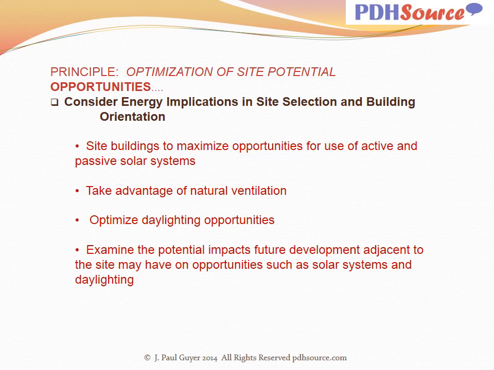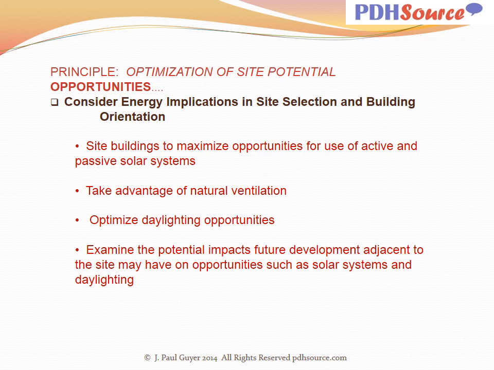And so you might want to think about where the natural ventilation exists, if it does exist on your site, and orient your building so that you perhaps would have some openings of some sort analogous to a window that you could open and take advantage of natural ventilation.